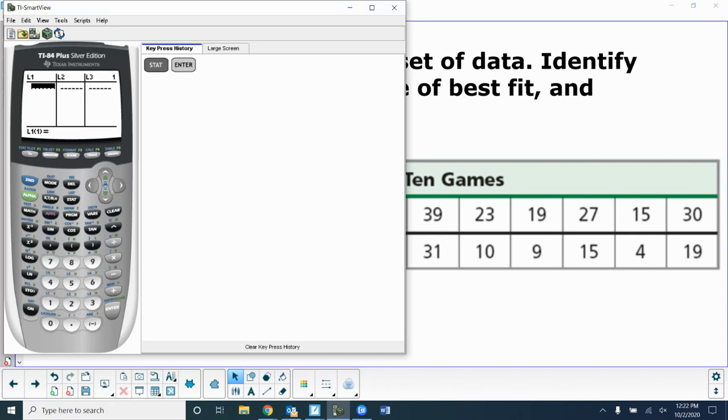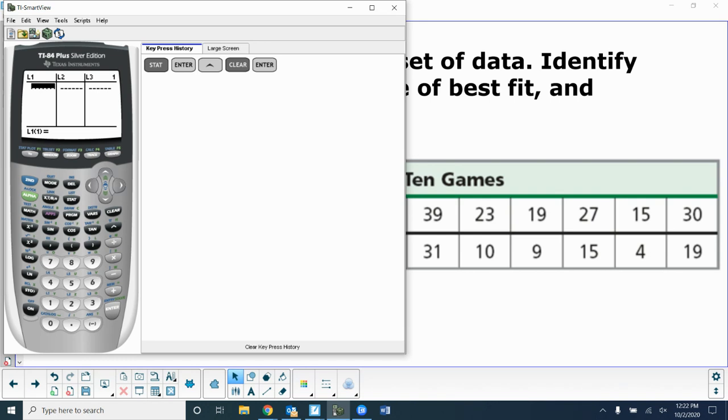Then hit the right arrow key, go up, clear, and enter. You all set? Anybody else need to clear their list? So that's how you clear your list: hit your up arrow key to get it highlighted, hit clear and then enter, and it'll clear all the numbers that you put in.